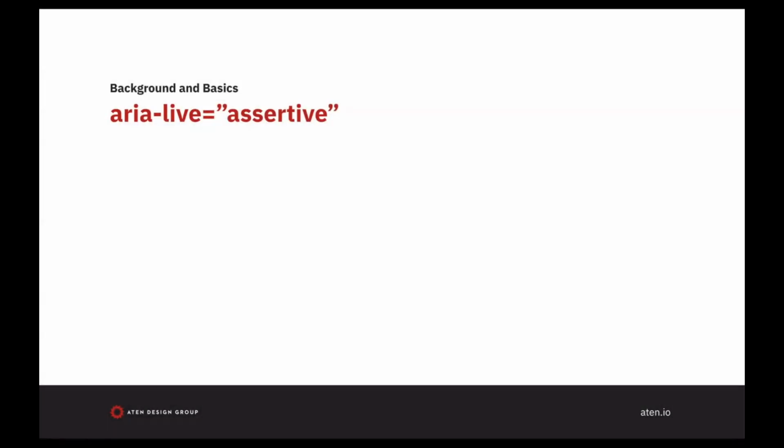Next is ARIA-live assertive. These announcements in the region will interrupt the current task because it indicates that the updates to this region have the highest priority and should be presented to the user immediately because it is time sensitive.